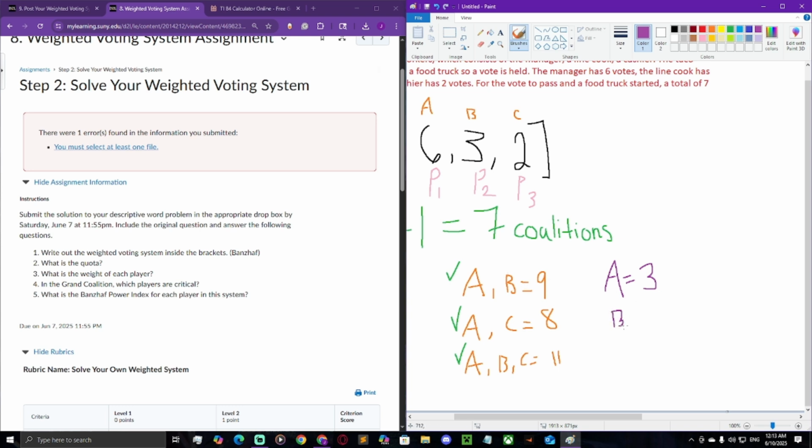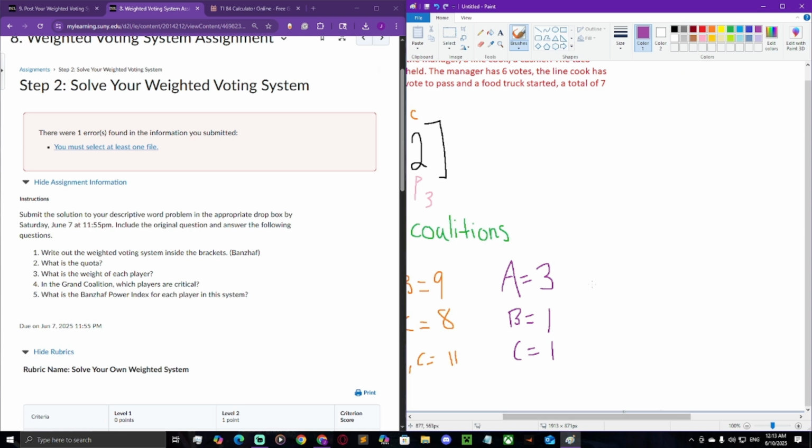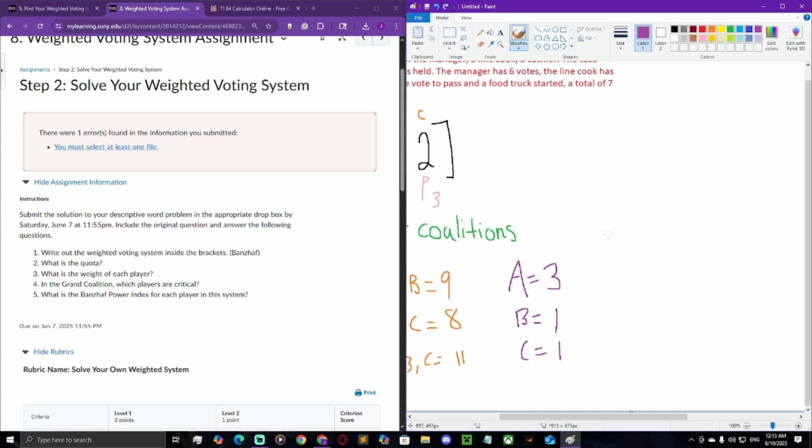B is critical in this coalition, but not this coalition. So B is only critical once. And then C is critical in this coalition, but not in this coalition. So C is only critical once. Then this total equals 5. There are 5 total critical combinations, and A is critical in 3 of them.